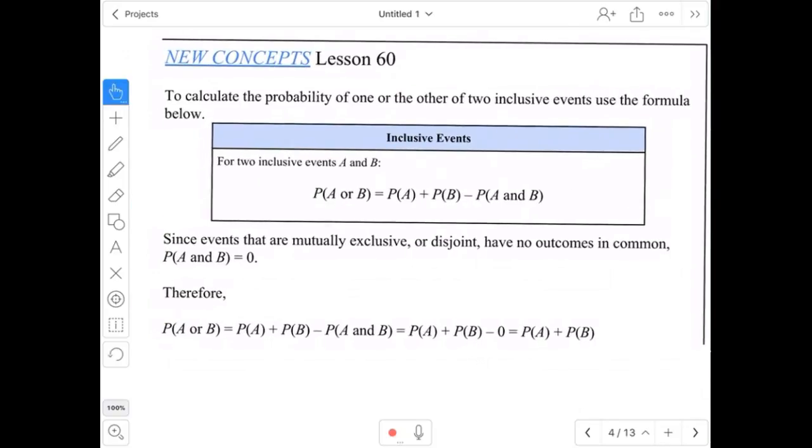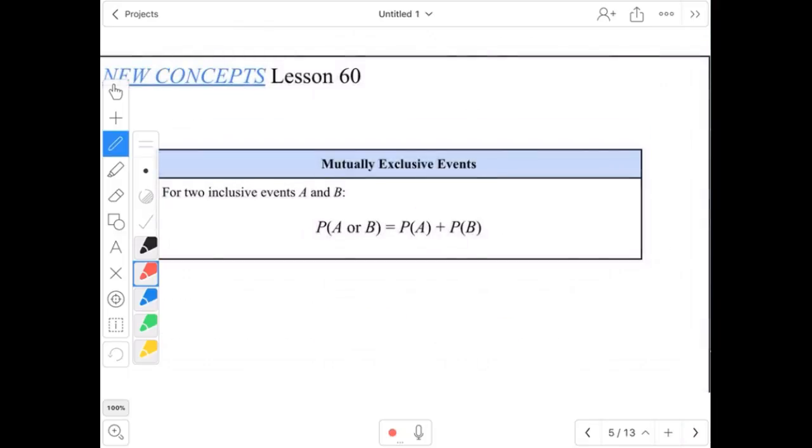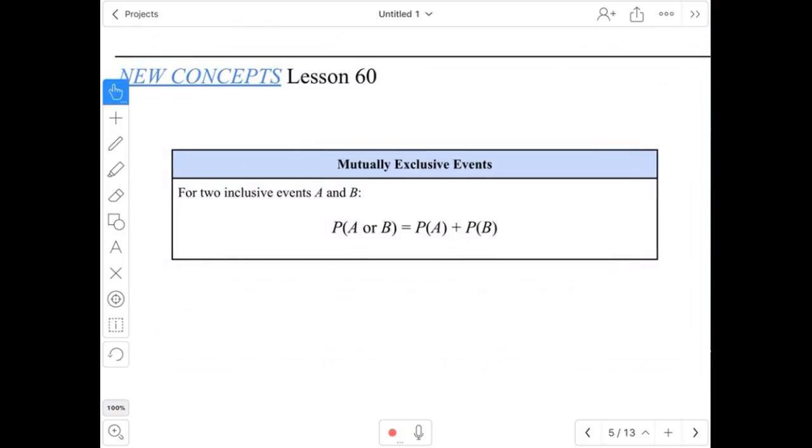So since events that are mutually exclusive or disjoint have no outcomes in common, that last piece, the probability of A and B, is equal to 0. So for each of these, this would be equal to 0. You just substitute that in. So for mutually exclusive events, that formula would just be the probability of A plus the probability of B, like they have right here.